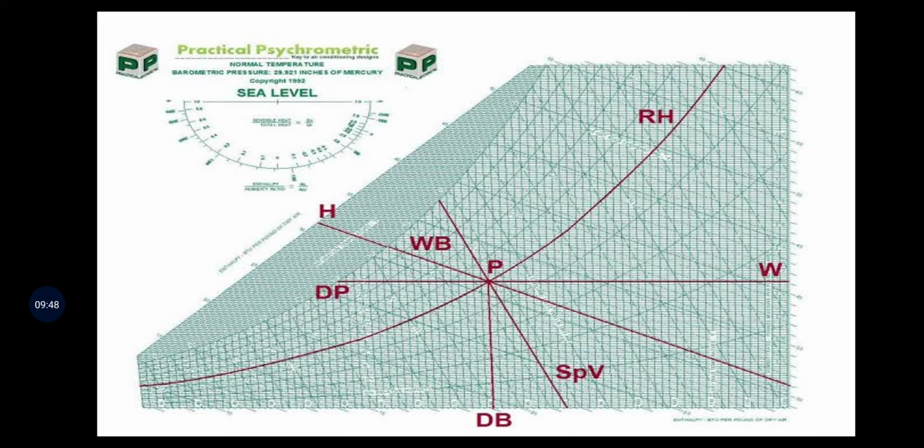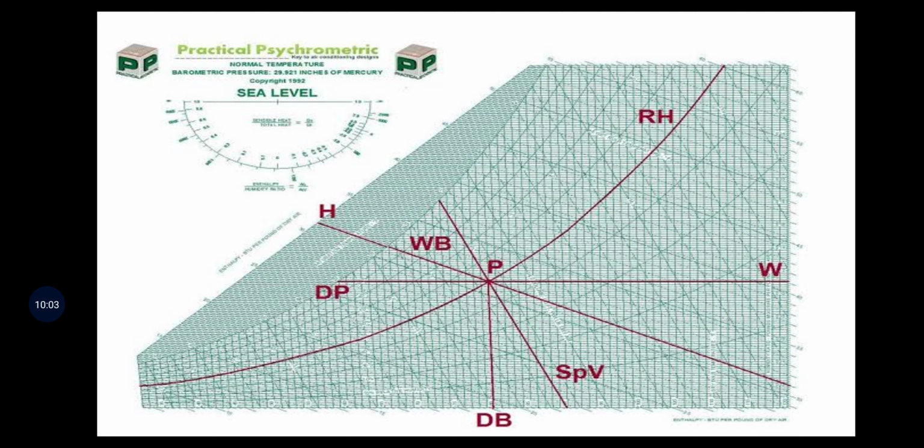If I have to calculate the specific volume, then I would draw an inclined line from point P towards the downward side of dry bulb temperature. So there is also a scale of specific volume.